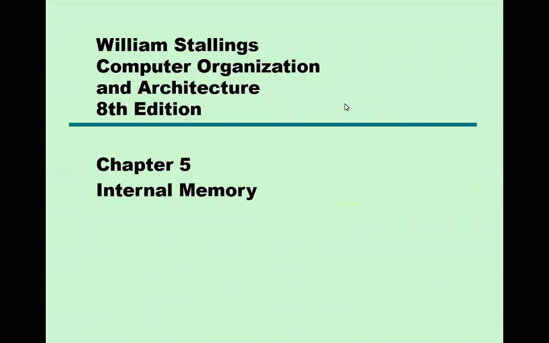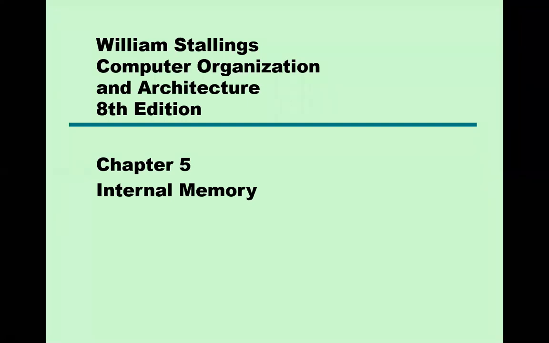In the last lecture we have seen these different characteristics, right? The physical type, like how it is made, by semiconductor, by magnetic, by optical. So today we are going to discuss the next part, that is RAM.